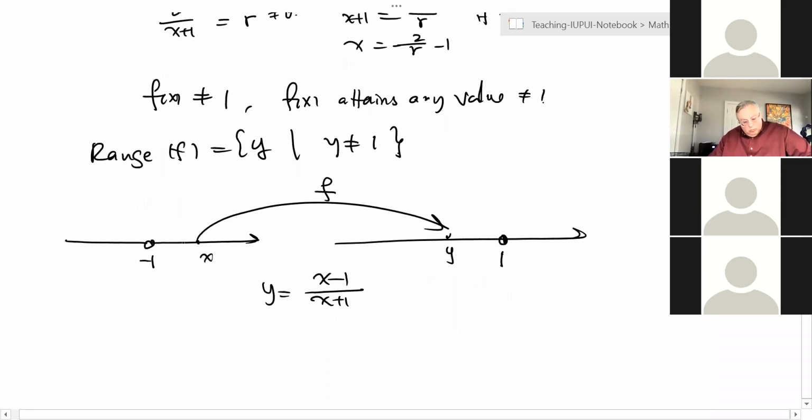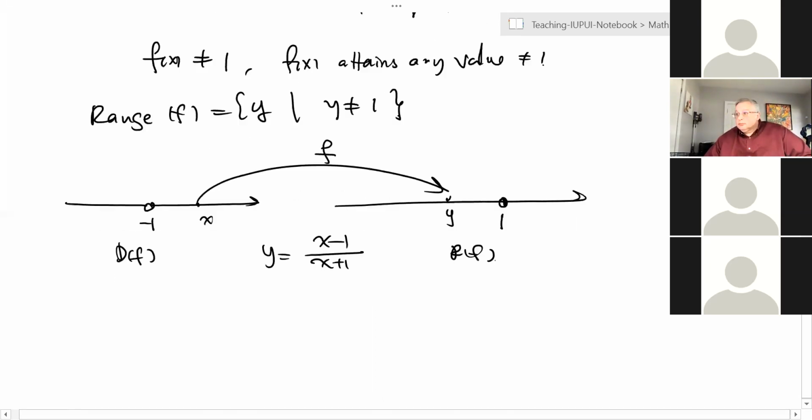For any x not equal to negative 1, you can assign the value y by this formula, x minus 1 over x plus 1. And you see that when x is equal to negative 1, I cannot use this formula to assign the value. And that also gives you the domain, right? Then you also see that the image of f is never equal to 1. Okay, so this is the domain. I simply write D_f, and this is the range.